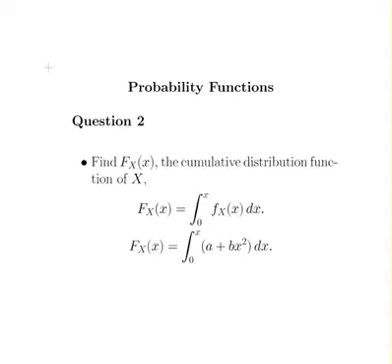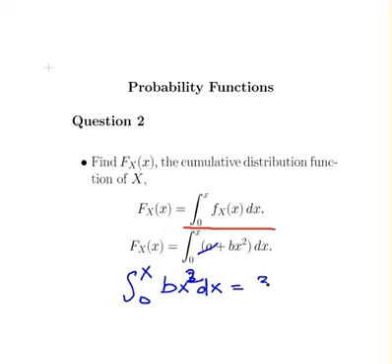Let's move on. Find the cumulative distribution function. This is the definition of it, more or less. All we do is integrate the probability density function. I'm going to place in the probability density function, a plus bx squared. We can disregard a from now on because it is 0. So essentially all we have to do is integrate bx squared dx, where b is 3/8.